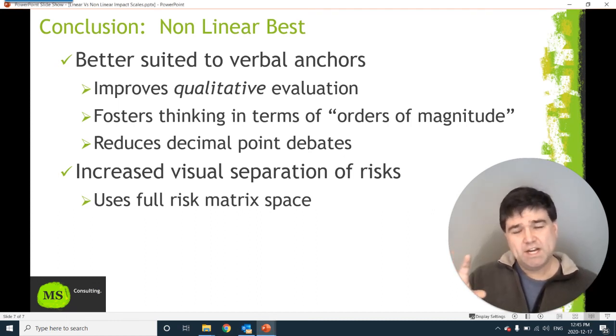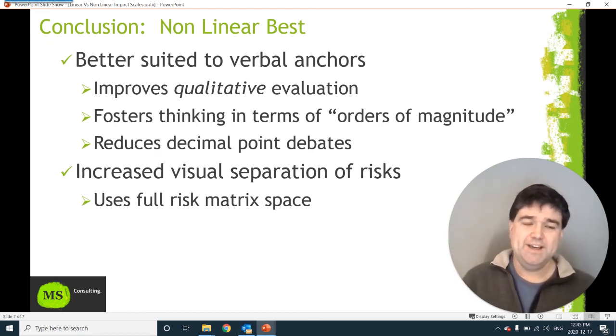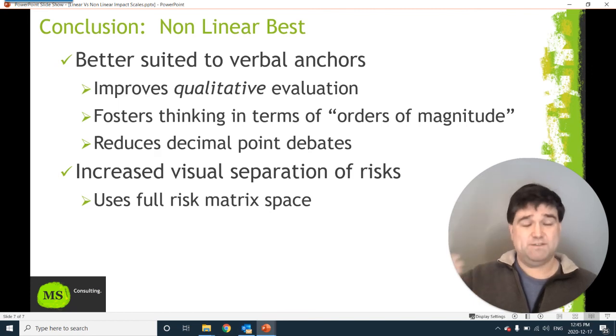This qualitative approach encourages the mindset that we're going to evaluate risks in terms of orders of magnitude. And that way all the decimal counting debates that you've seen in risk meetings drop off, because we're talking about, is this a 4 or a 5? Hey, there's an order of magnitude difference between a 4 and a 5.